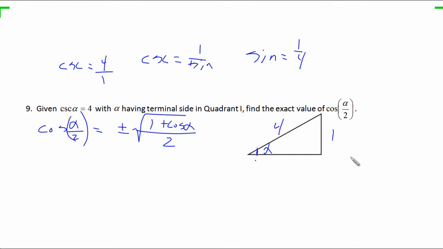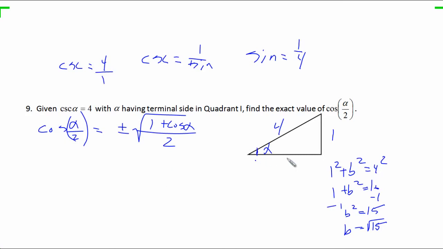There's my ratio. A little Pythagorean theorem: 1 squared plus our unknown squared equals 4 squared. Subtract, and then we'll take the 4 squared, 16, and it works out to the square root of 15.